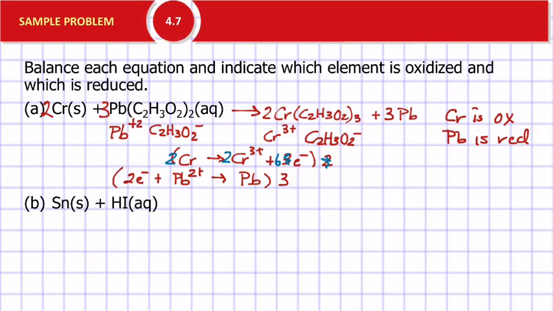And multiplying this one by 3, that becomes a 6, and a 3, and a 3. The 6 electrons would cross out. So I've got 2 chromiums and 3 leads. There's the acetates that didn't do anything. And there's 2 chromium ions with the acetates that didn't do anything, and the 3 leads. Any questions?